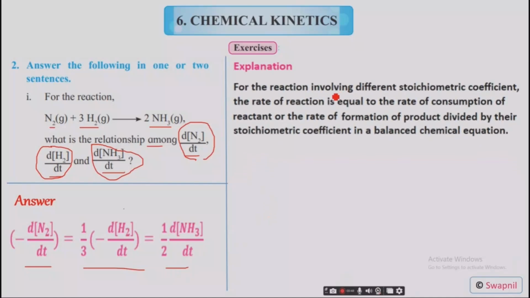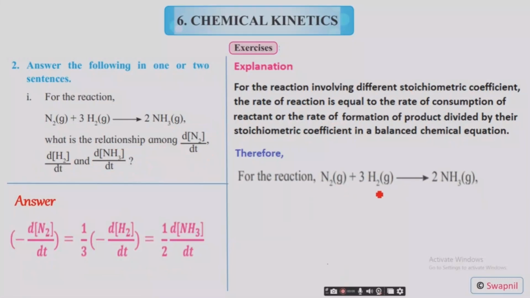For reactions involving different stoichiometric coefficients, the rate of the reaction is equal to the rate of consumption of reactant or the rate of formation of product divided by their stoichiometric coefficient in the balanced chemical equation. So we have the reaction N2 gas plus 3H2 gas gives 2 NH3 gas.